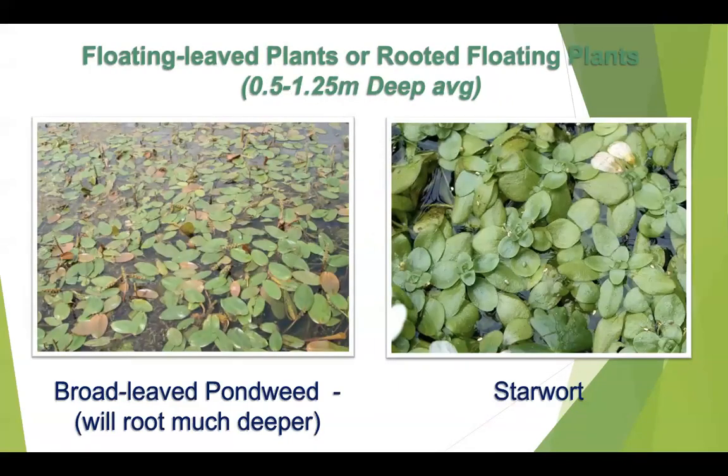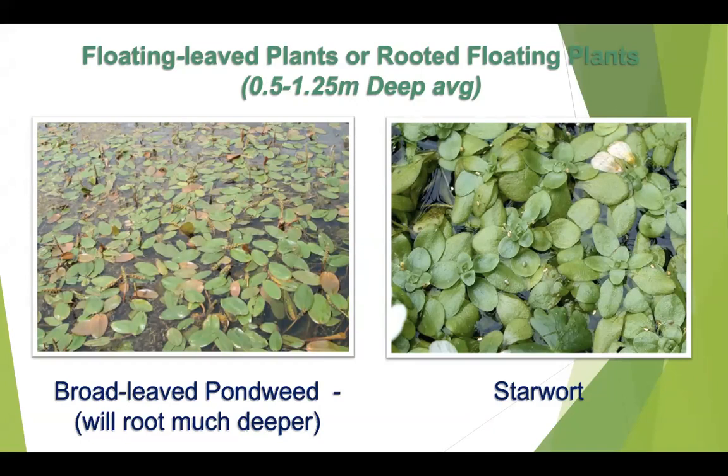So moving out a little bit into the water. So floating leaf plants, or these rooted floating plants. Again, another form here, another form of Potamogeton. There's broadleaf pondweeds and the starworts. So again, right plant, right place is a mantra here.